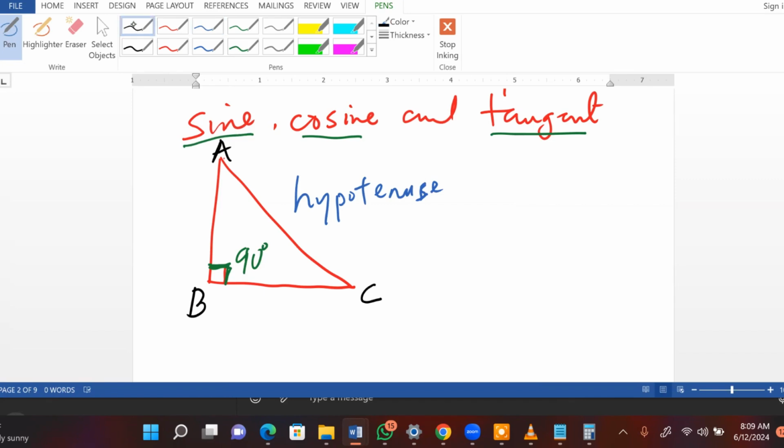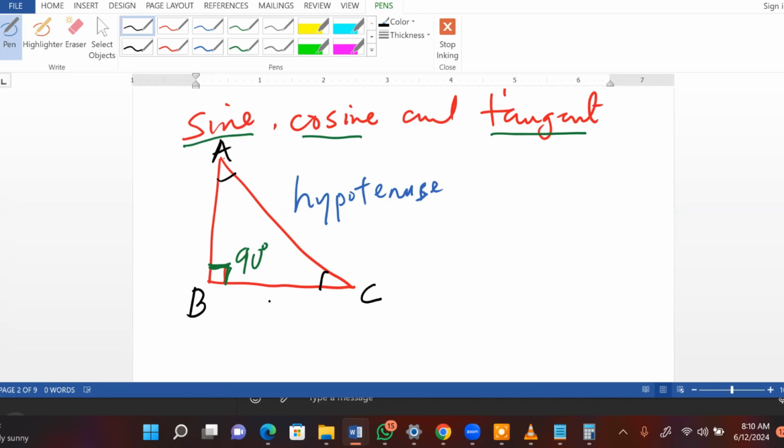The second one is that, out of the three angles that we have on this right angle triangle, we have the right angle, and it remains these two. Whichever one we are considering out of the remaining two angles will determine the names of the remaining two sides.